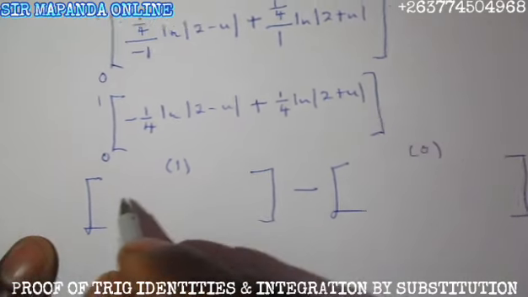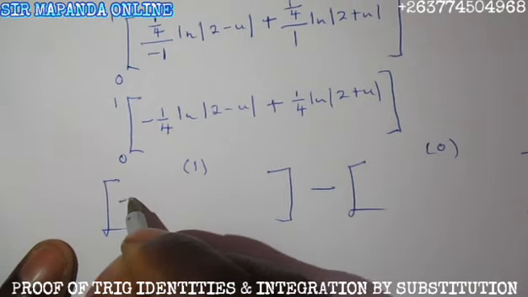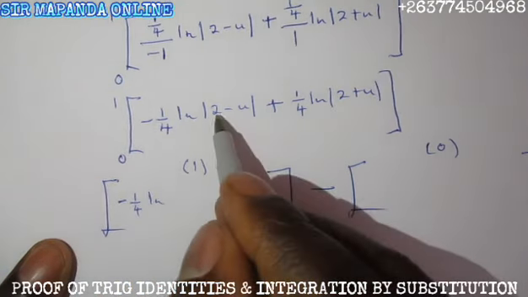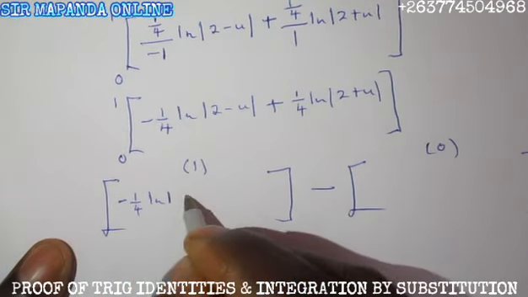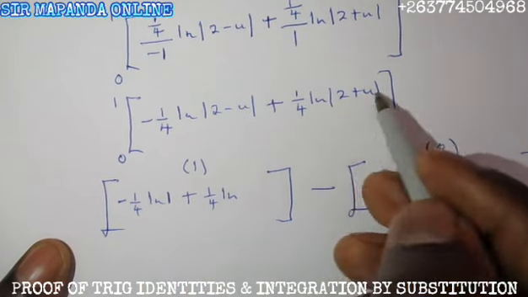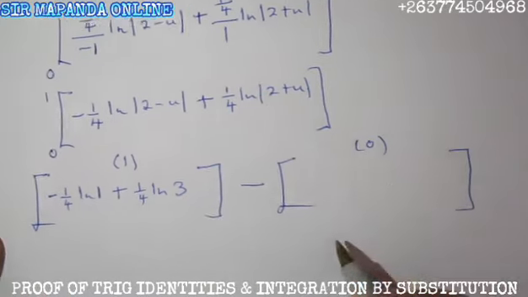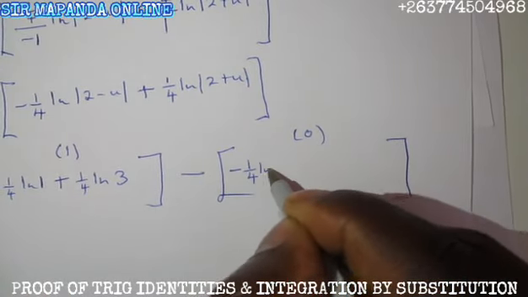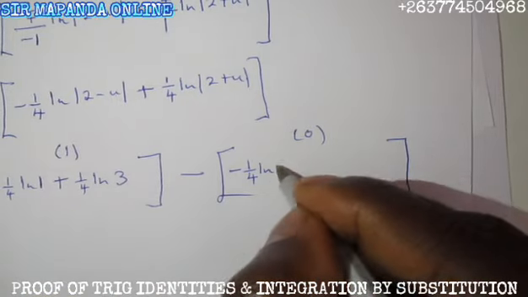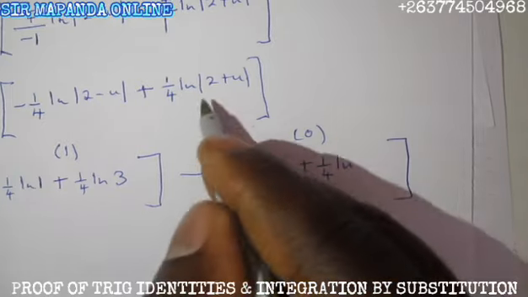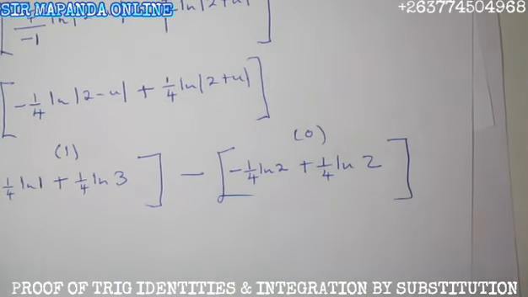So if we put 1 in the bracket, you get minus 1/4 ln 2 minus 1, you get 1, plus 1/4 ln 2 plus 1, you get 3. Then in the second bracket, you get minus 1/4 ln 2 minus 0, it's 2, plus 1/4 ln 2 plus 0, it's 2.